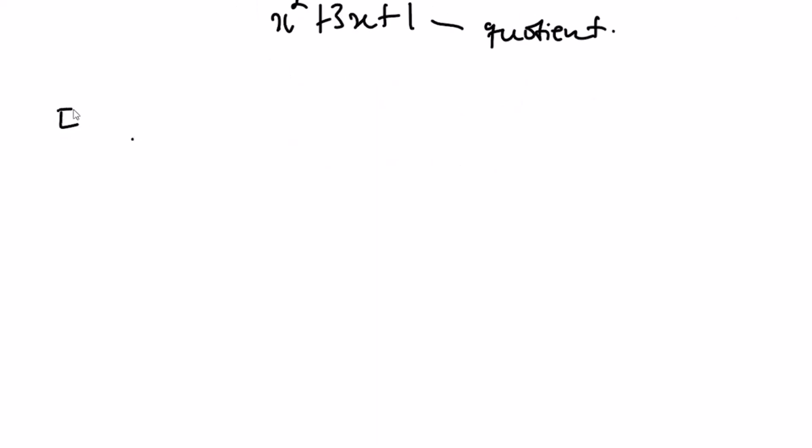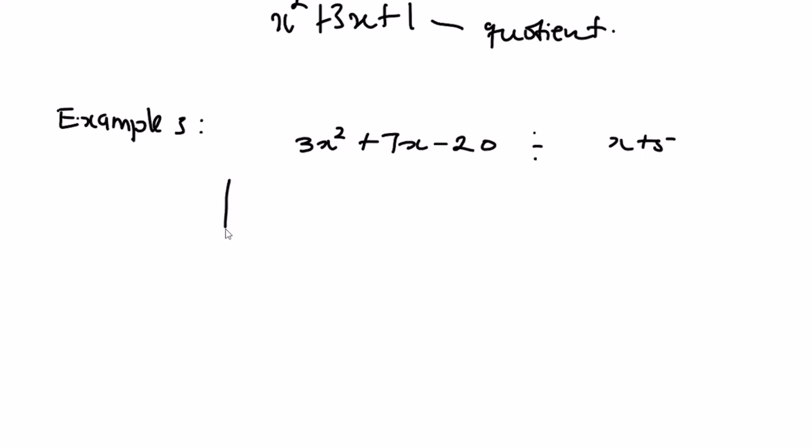Our example 3, we have 3x squared plus 7x minus 20 divided by x plus 5. Now, let's dive into this. What will be our c?